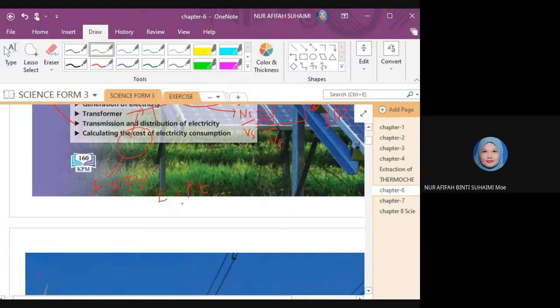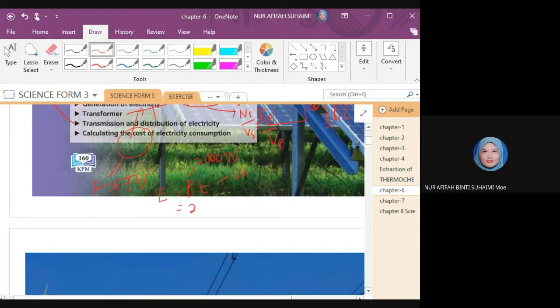So to find the electrical energy used each month, power must be in kilowatt. Let's say you use a washing machine. The power of a washing machine is 2000 watts, and you use it every day for 2 hours.